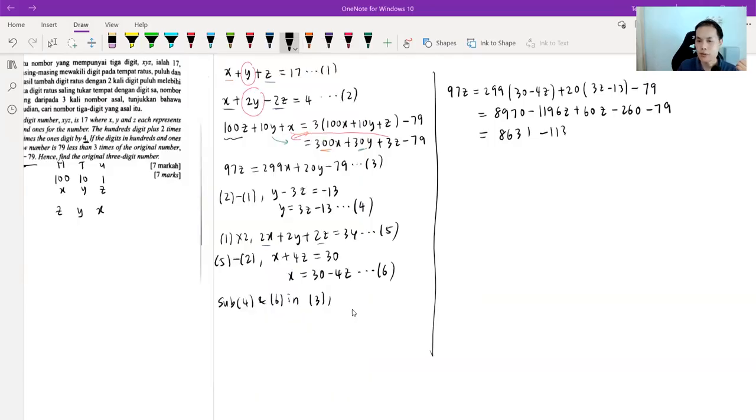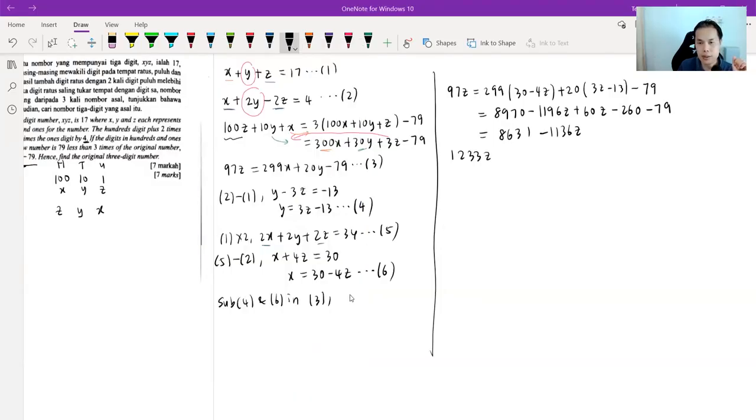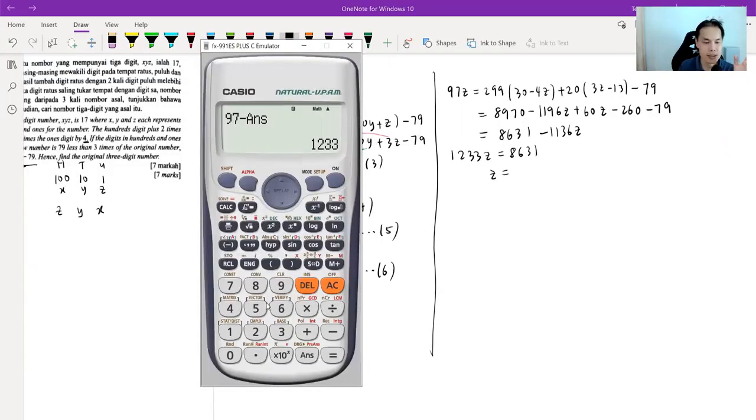So 1136z, bring over to the right, you're adding this with 97z. So 97 minus this answer, it's 1233. 1233z equals 8631. I know the number is very big and annoying. To find z, I take 8631, divide by this answer, my z is 7.